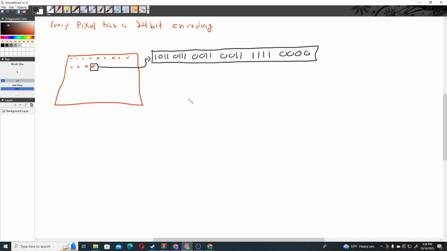All right, so what we have is a 2.1 megapixel camera, right? That means there are 2,100,000 pixels on the screen. Each pixel is represented using 24 bits.